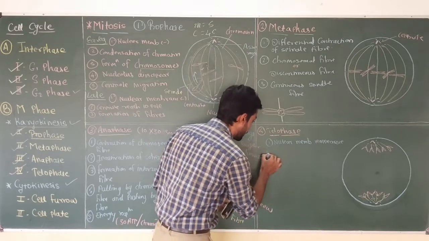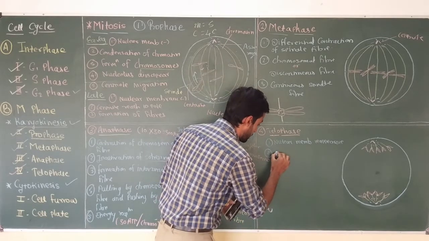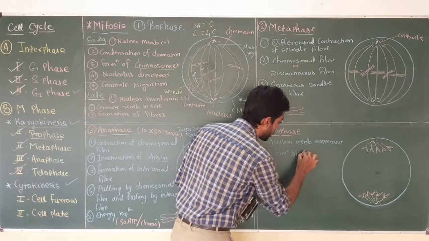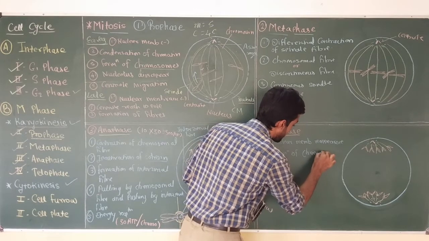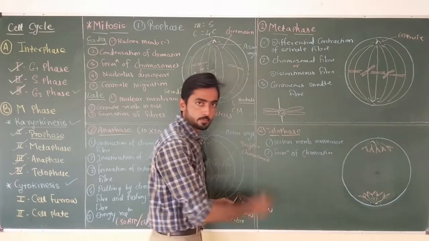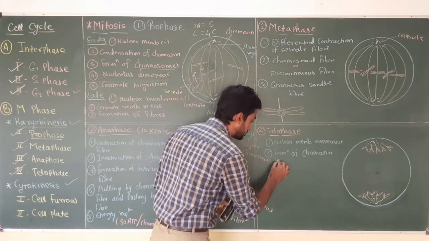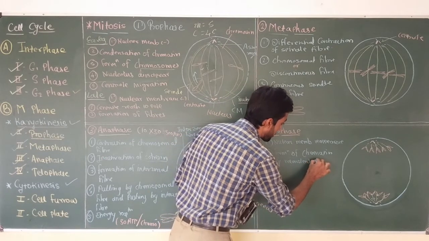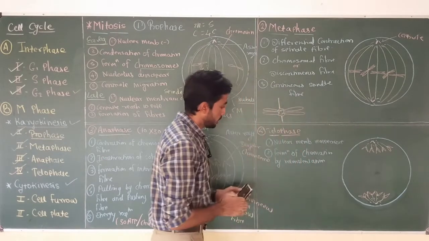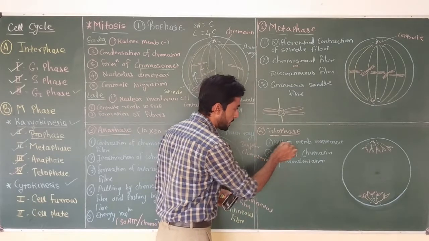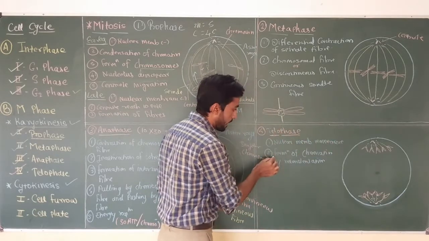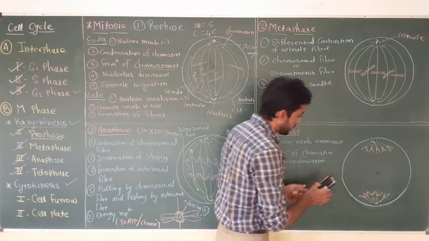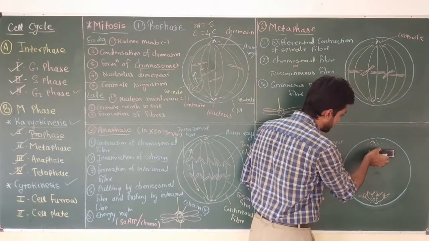So the next point is the formation of chromatin, obviously from chromosome, by recondensation. Now due to nuclear membrane reappearance and formation of chromatin from chromosome by recondensation, both the poles will look like this.